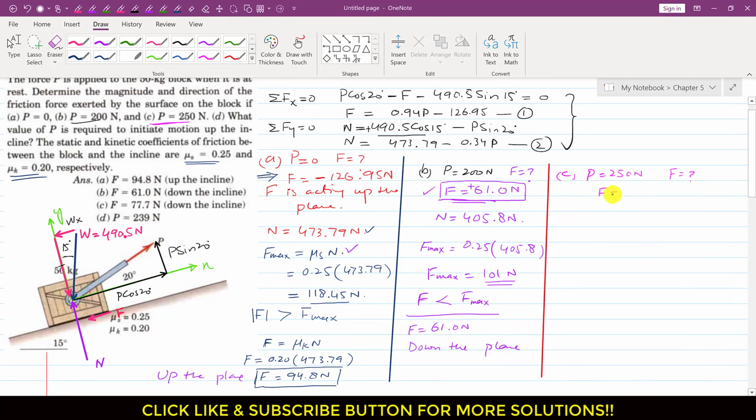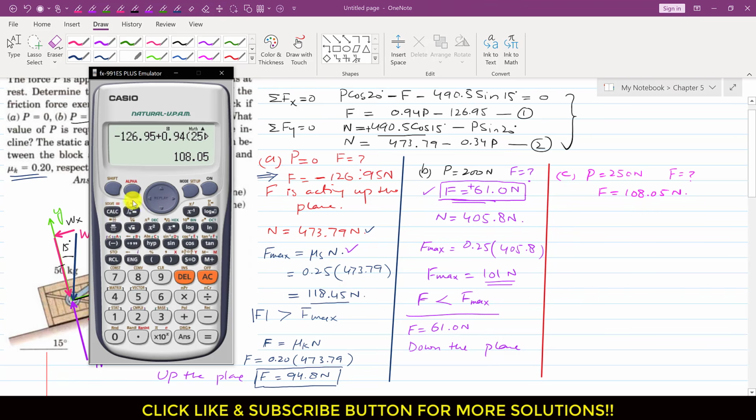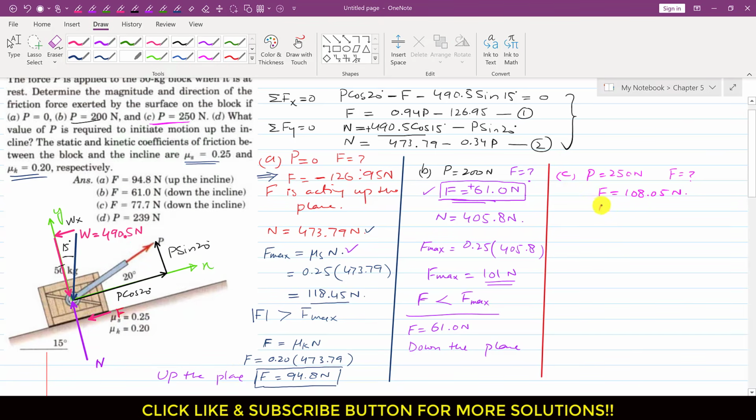So this is equal to 108.05 newtons. And again, if I put P equals 250 in this equation 2, this is 473.79 minus 0.34 into 250. So this gives me N value as 388.79.